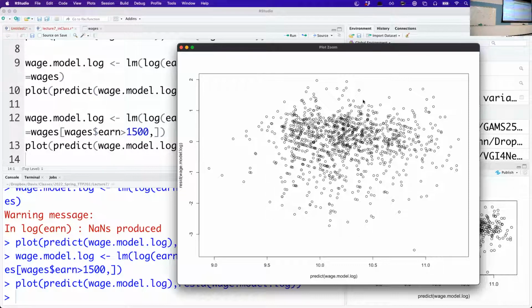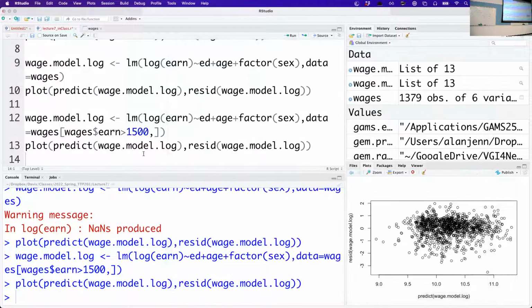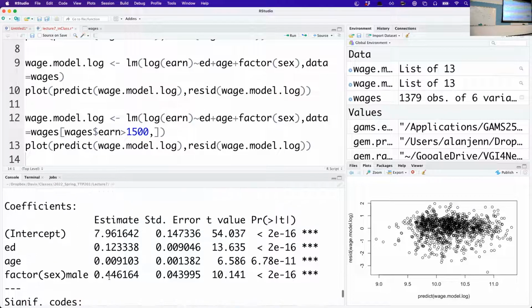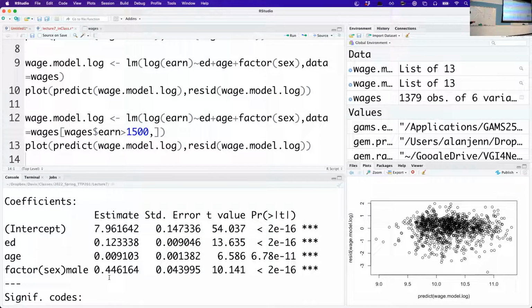So if I look at this set of results and say, okay, summary of wage.model.log, we have this new set of interpretations, right? Especially because y is now logged. So as education goes up by 1, that changes y by some percentage, right? Those are the interpretations that we were going through last time.